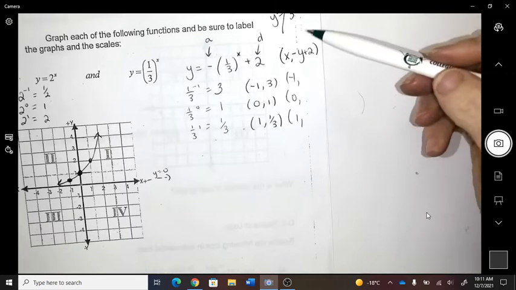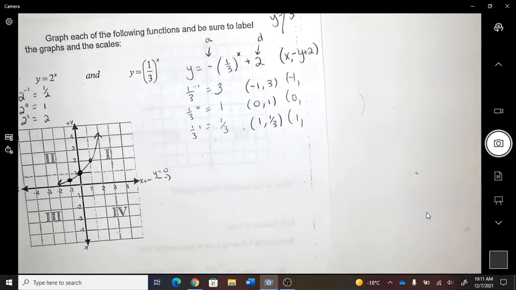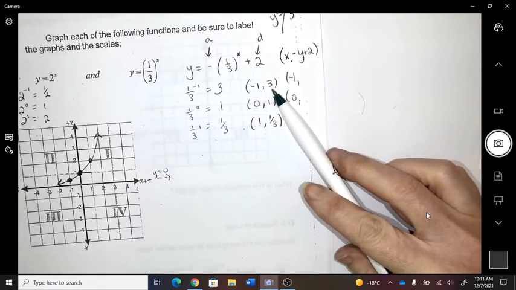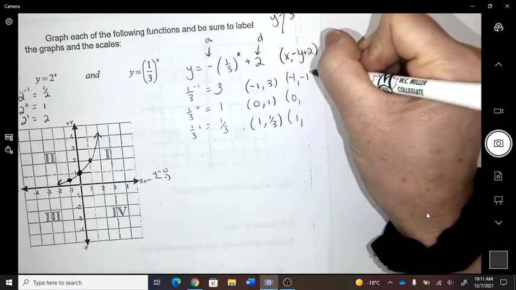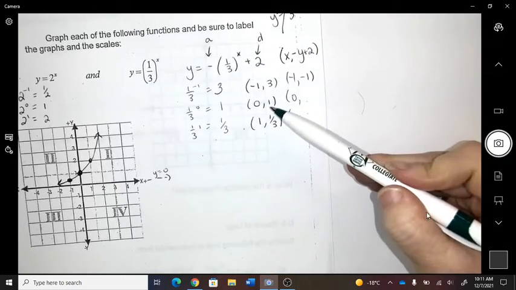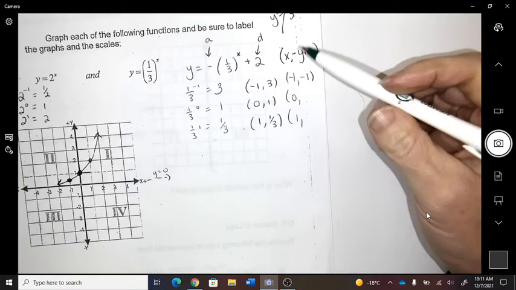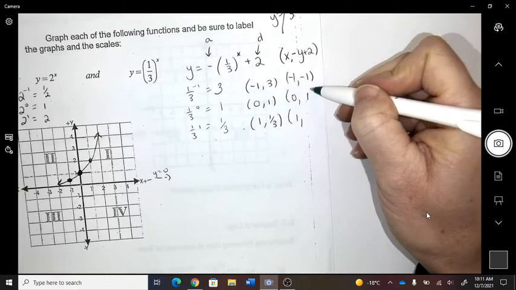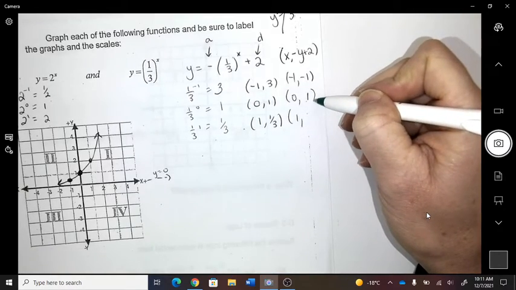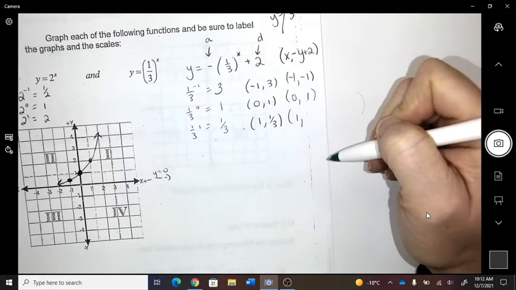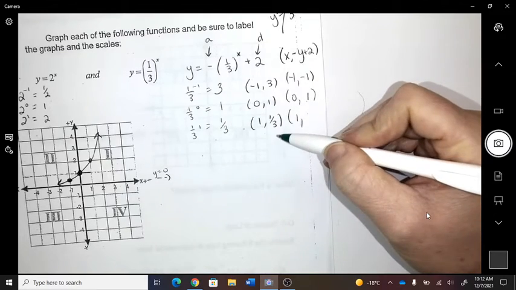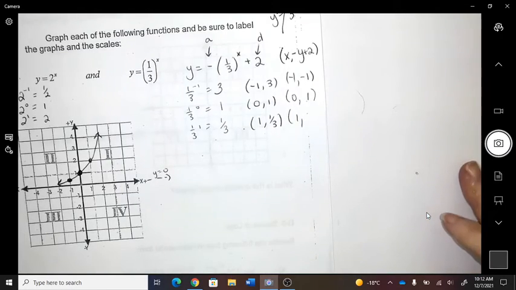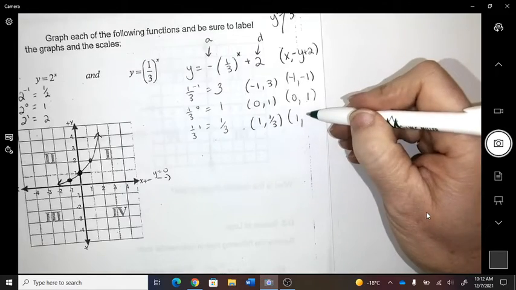I wrote down all my x's because nothing happened to them. So negate -3 plus 2, -1 plus 2, -1/3 plus 2.